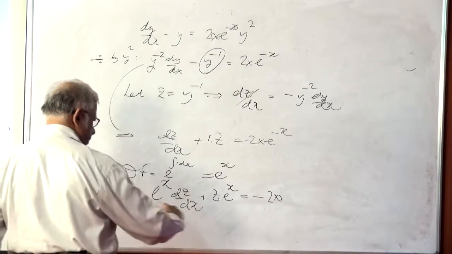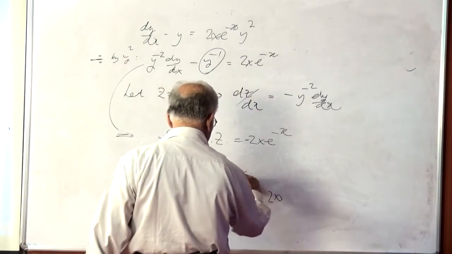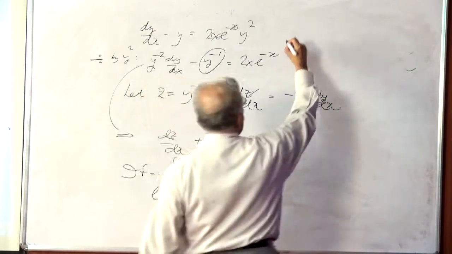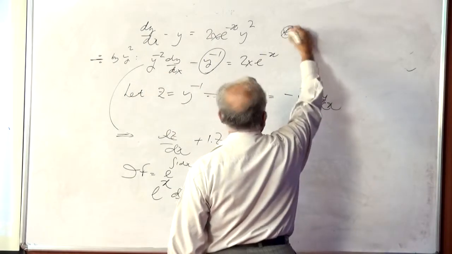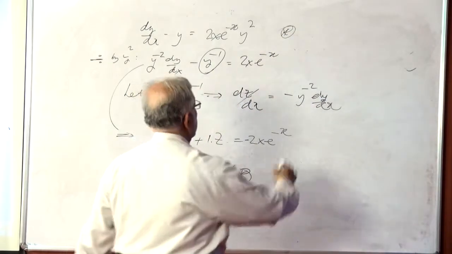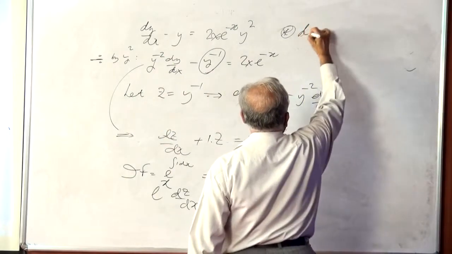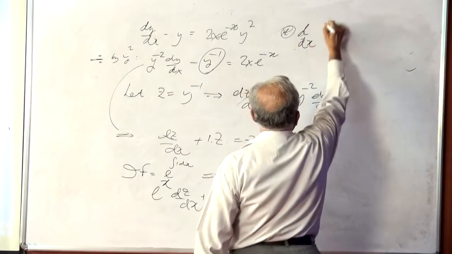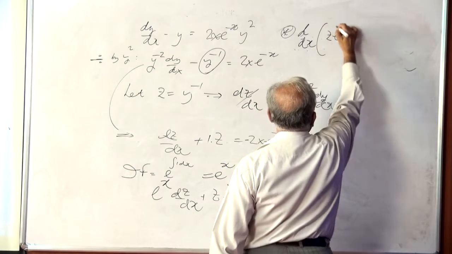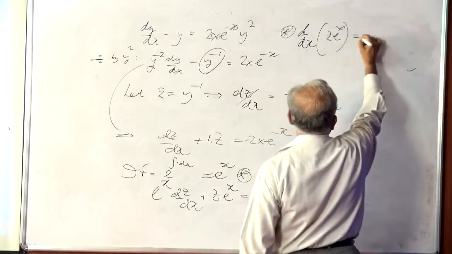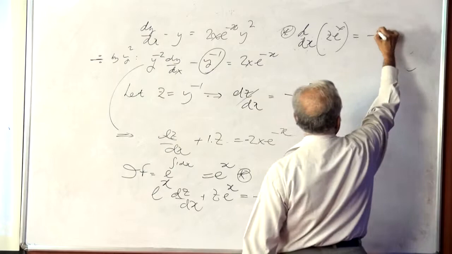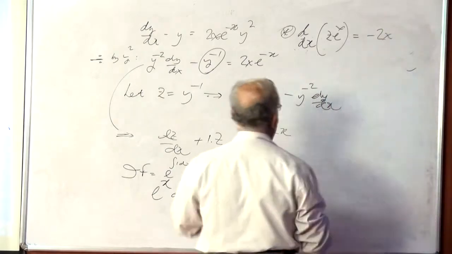So if we put an asterisk here and climb a little higher, we get on the left hand side this is d dx of z into e to the power of x, and that is nothing but minus 2x.